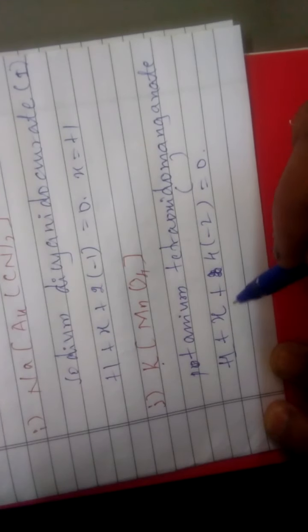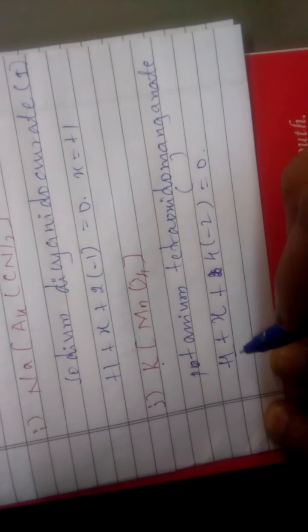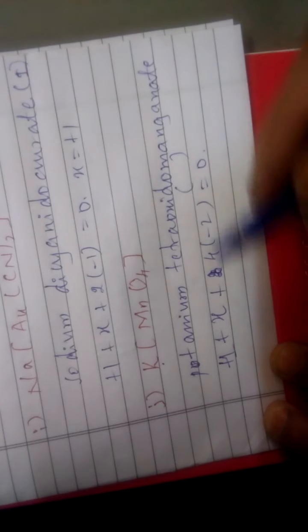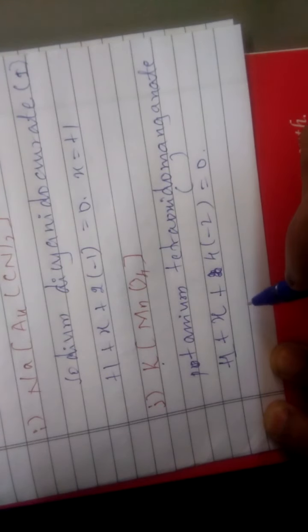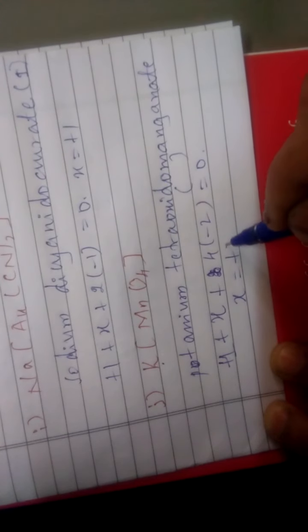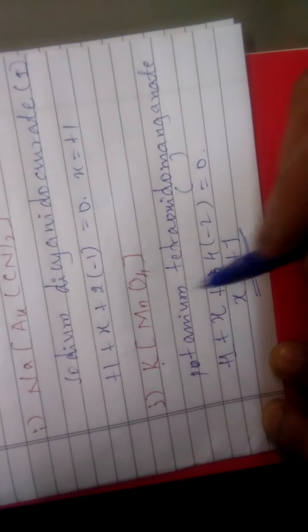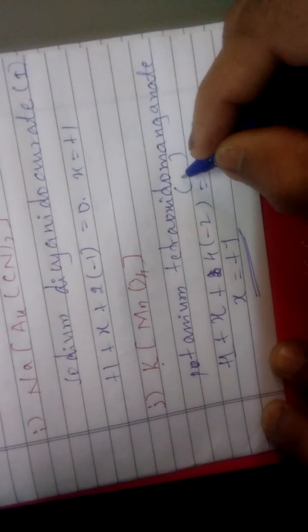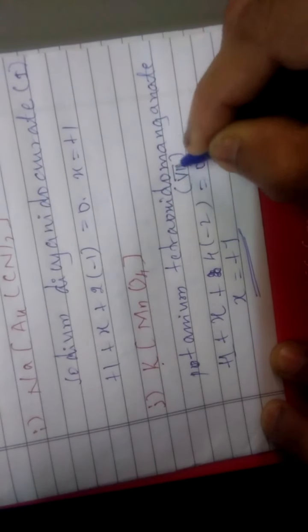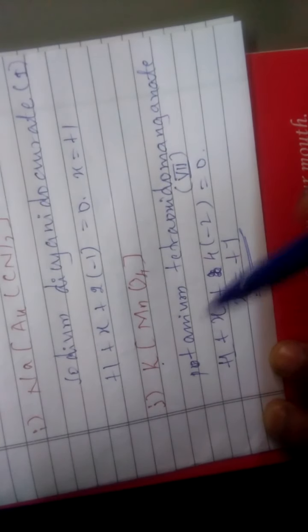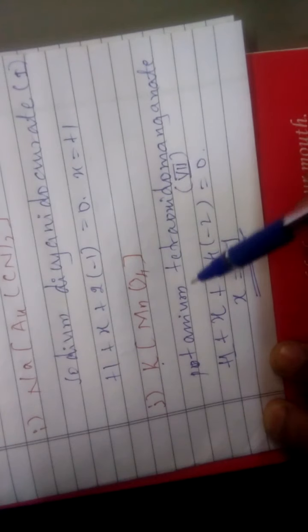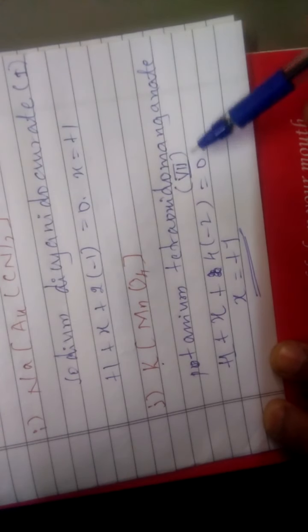So it is +1 plus X plus 4 into -2, it is +1 minus 8. +1 minus 8 means it is -7. X minus 7 equals to 0. So X equals to +7. So this is the oxidation state of the manganese. So it is 7. Okay. Potassium tetraoxido manganate 7.